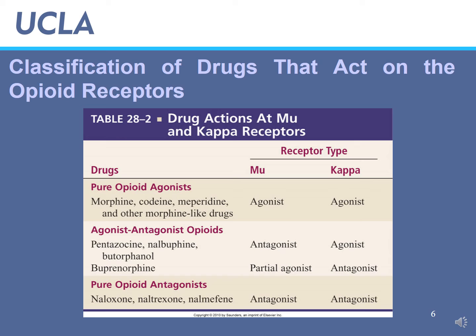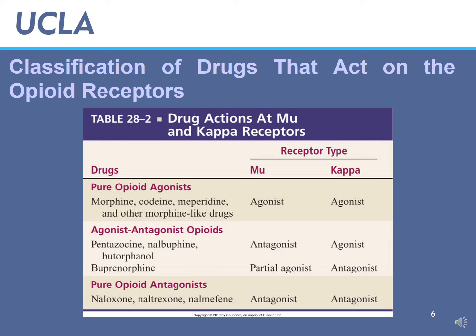So buprenorphine, you see it's a partial agonist of the mu receptor, so it has some agonist activity and antagonist activity at the same time. So it has an intrinsic activity on the mu receptors, and it's a pure antagonist of the kappa receptor. And then pentazocine and butorphanol, you see they are antagonists of the mu receptor, but they are agonists of the kappa receptor.